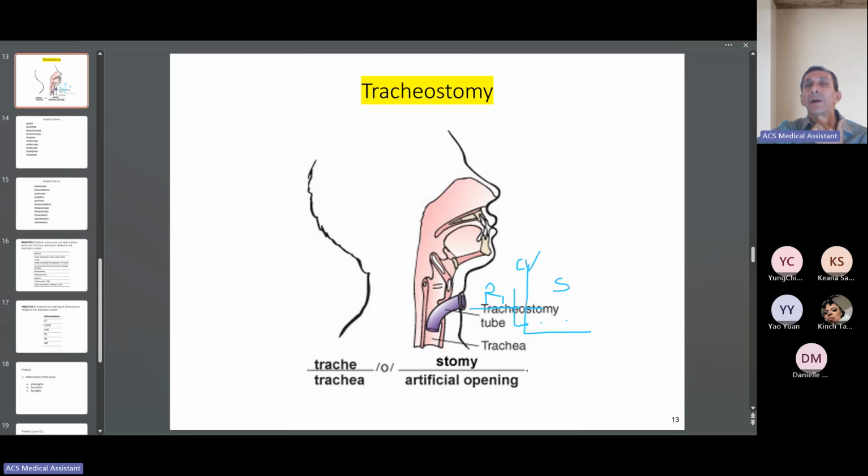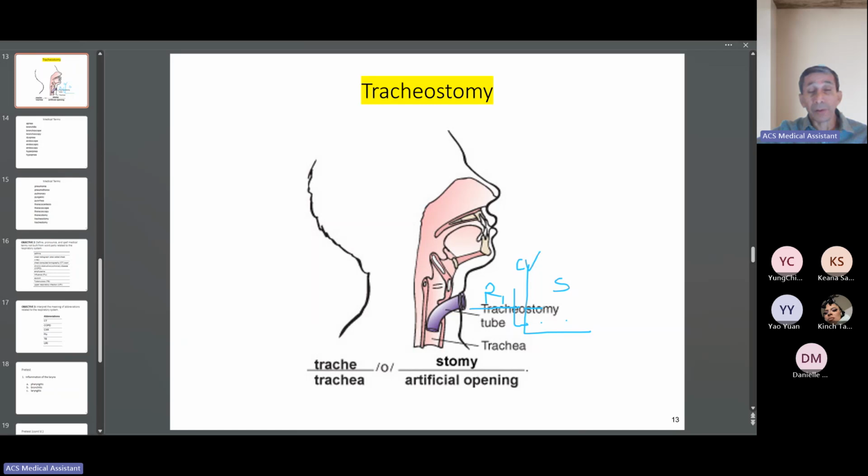We are making an artificial opening, like making a hole there. It's not there, but we need to go there so we can put a tube directly to the trachea so the patient can breathe through there. That's called tracheostomy. So stomy means an artificial opening, making a hole right there in that area.